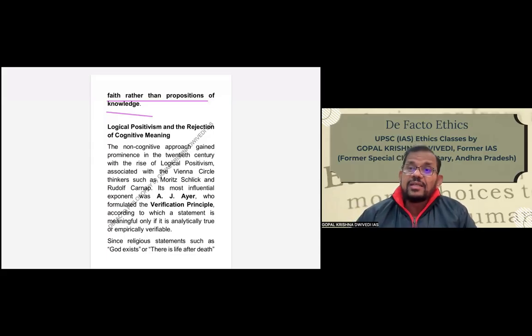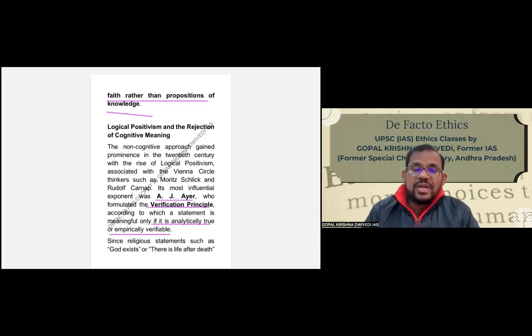Accordingly, they are strong supporters of the non-cognitive interpretation of religious language, because they gave what we know as the verification principle: a statement is meaningful only if it is analytically true or empirically verifiable, that is, synthetic. So analytic or synthetic statements are the only true statements.